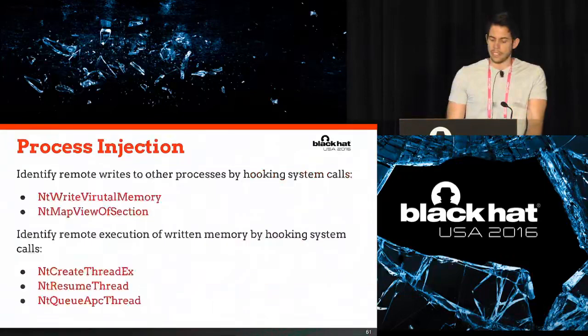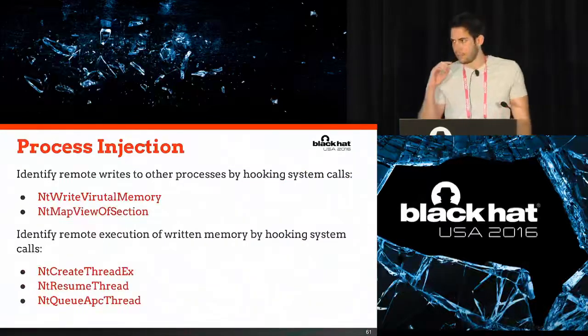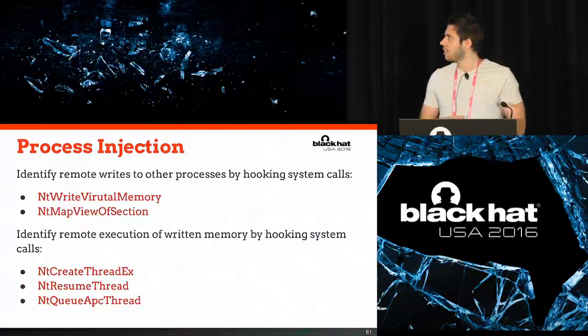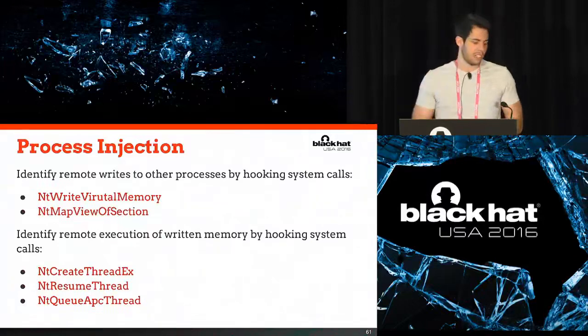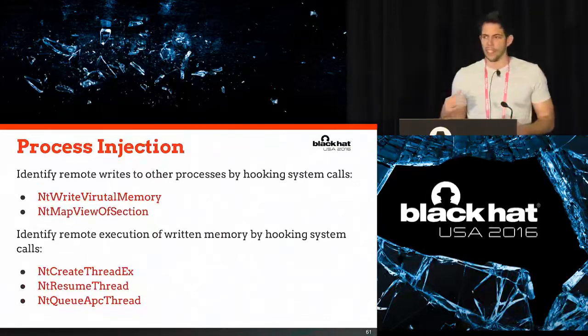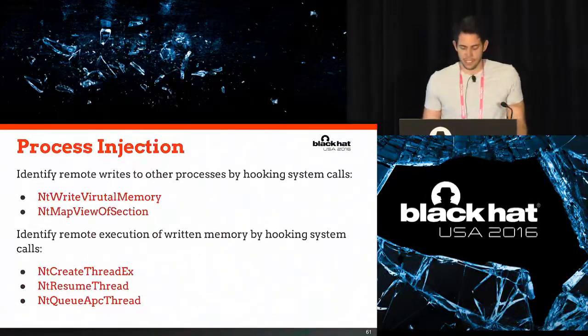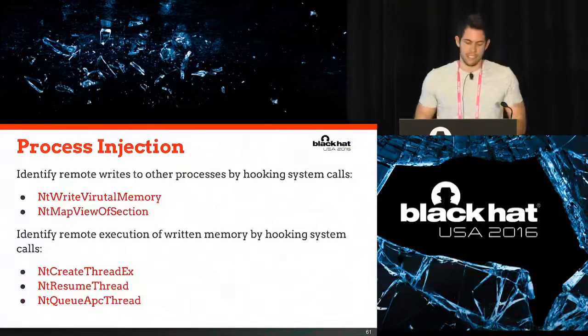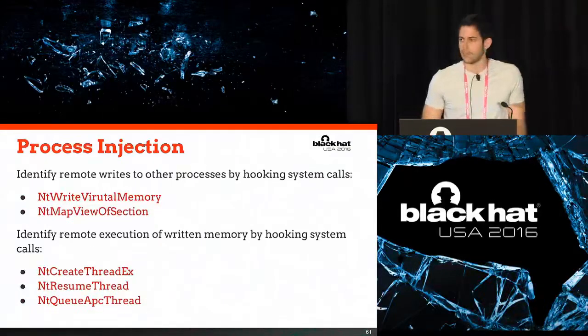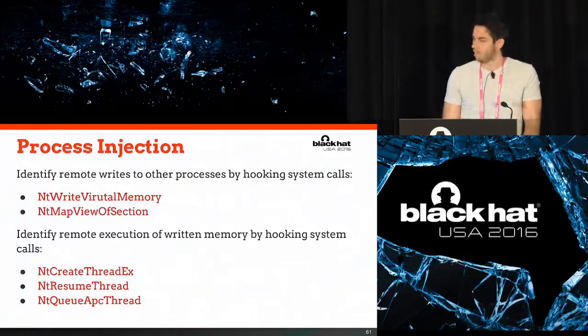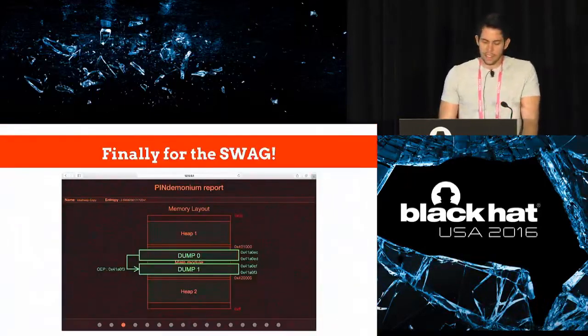So we decided to exploit the PIN hook functionality to hook all those functions useful to identify remote writes and remote execution. Then the basic idea behind the algorithm remained the same, as the execution and the write will have happened in the same process.